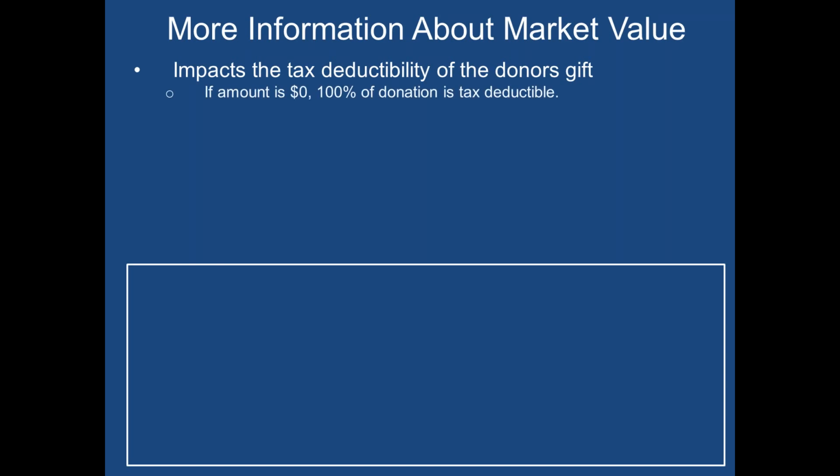So if a benefit has no market value, for instance, maybe it's a thank you on their Facebook page for every donor that donates, in that case, it's not a tangible item, so it doesn't have a market value, which means that 100% of the donation the donor makes is tax deductible. But if there is a cost to the benefit, this amount is deducted automatically for the donor on their tax receipt.